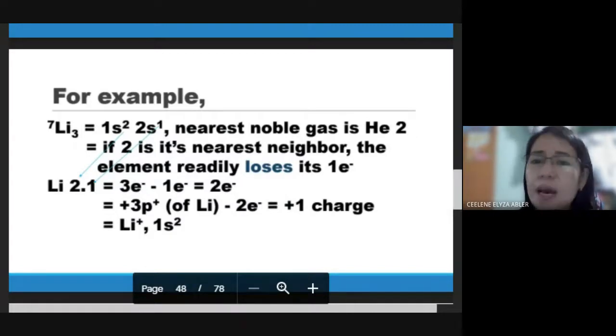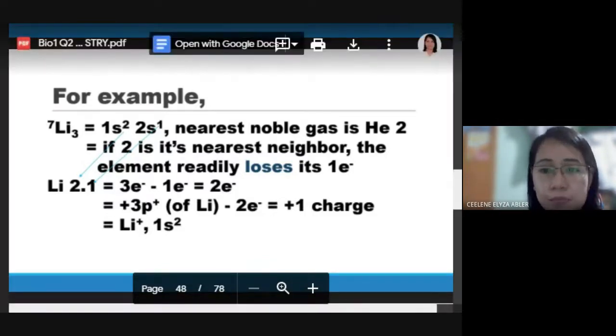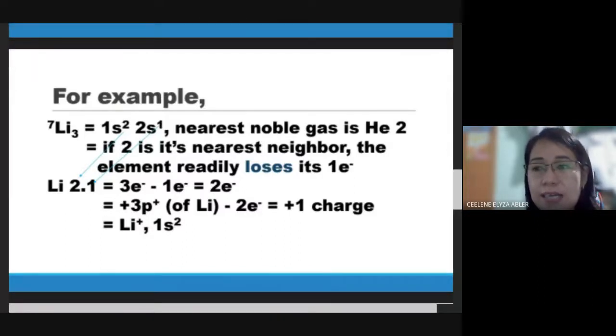Okay. Ma'am, paano siya ma-solve? Okay, so meron tayo yung sample natin na solving here. So we have here your lithium ion which has a mass number of 7 and an atomic number of 3. Ang kanyang electron configuration notation is 1s2, 2s1.